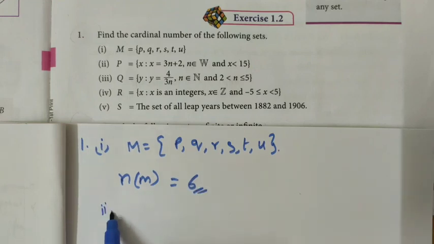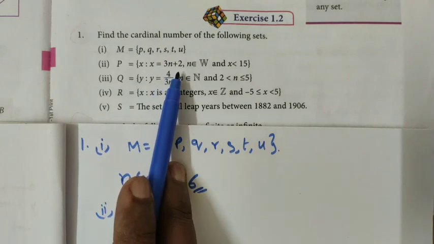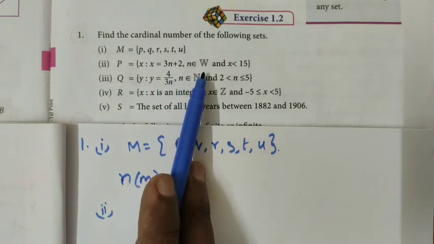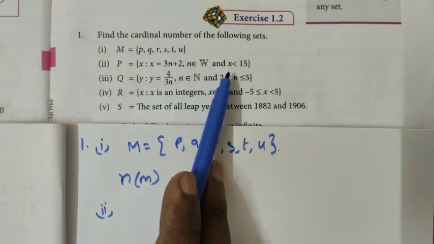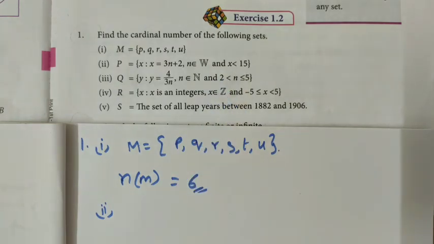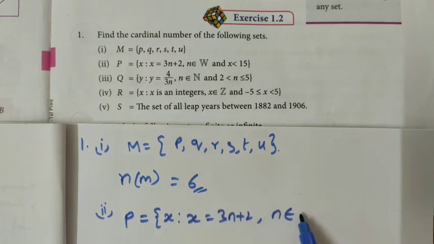And then the second, Roman number ii. P is equal to the set of x such that x is equal to 3n plus 2, n belongs to whole numbers, and x is less than 15.